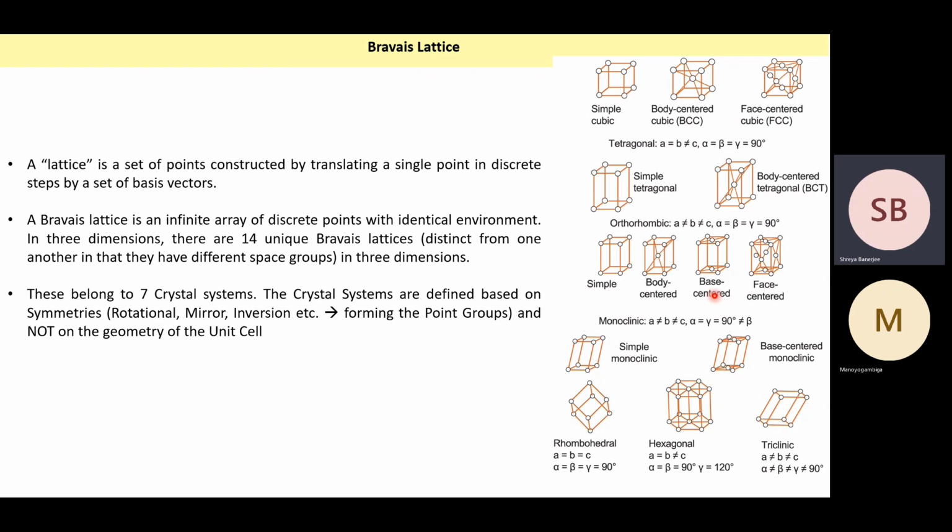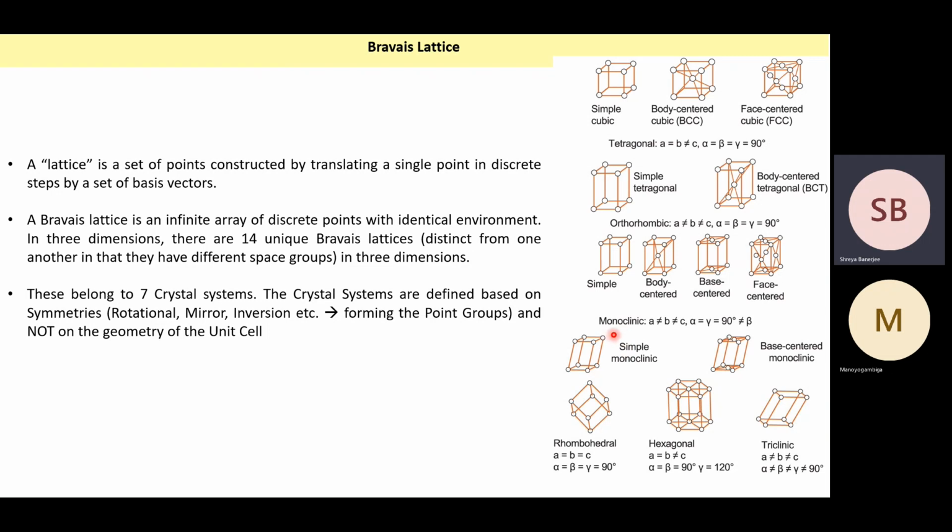Base-centered basically means it is a kind of face-center, but there are fewer lattice points compared to face-centered. In base-centered, you have one lattice point at each of the corners and one at the middle of the bottom face and the top face. So orthorhombic can be divided into simple, body-centered, base-centered, and face-centered.